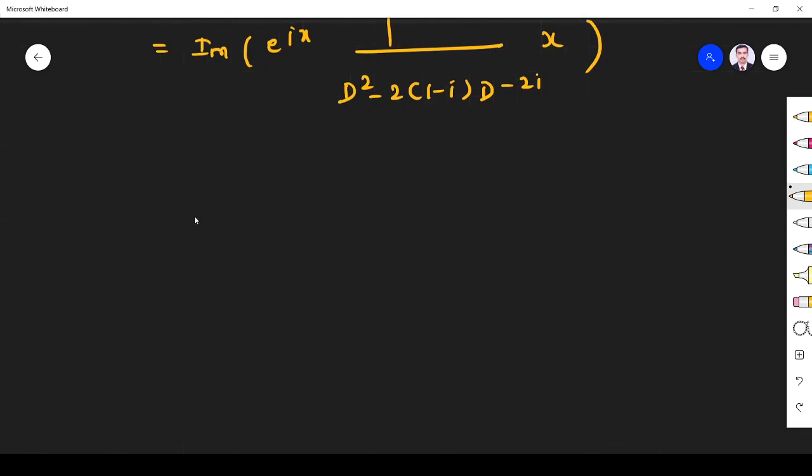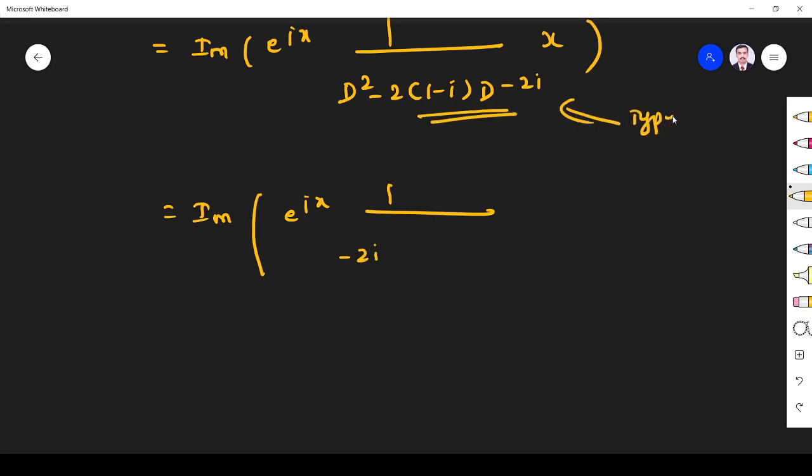So I write it as the imaginary part of e power ix, 1 by, I take minus 2i outside because I want to solve this in the binomial expansion, type 3 mode. Hope you remember 1 plus x binomial expression.